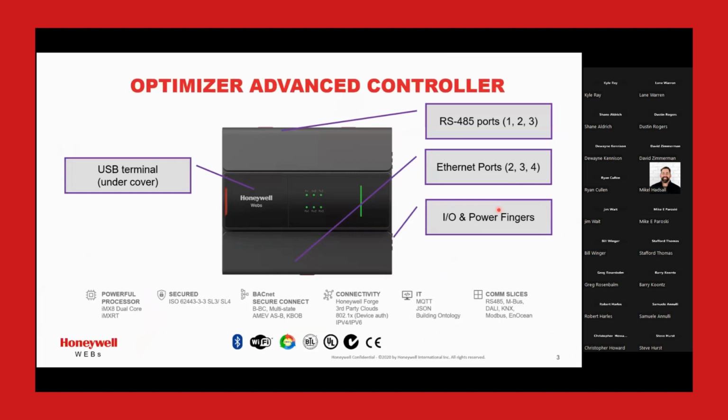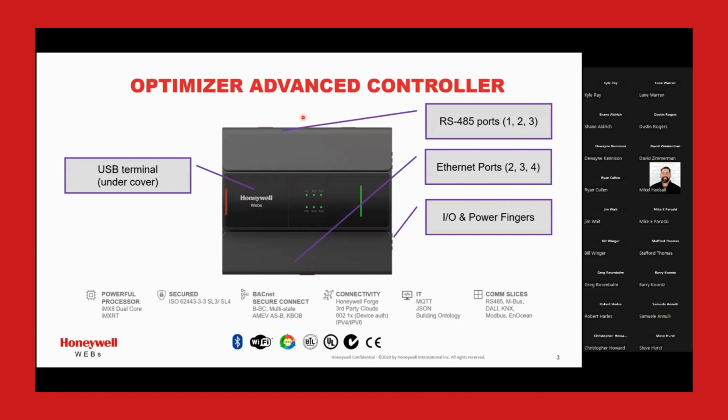Meanwhile, Tritium is coming out with their own next generation controller, the 9000. Under the hood, they're essentially the same thing. They're both using the same system on a motherboard. So the Jace 9000 and the Optimizer Advanced are going to be at the core the same thing under the hood, but the Optimizer Advanced is going to be a different hardware platform.